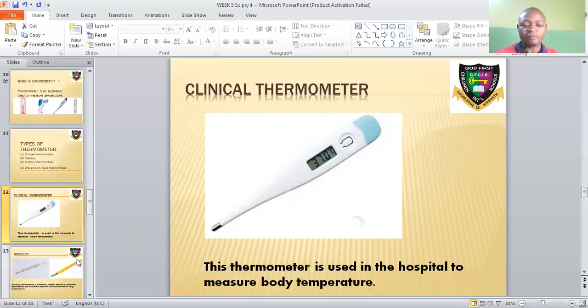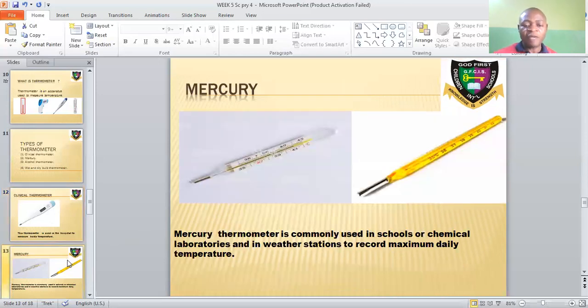The next one is mercury. Mercury thermometer is commonly used in schools, chemical laboratories, and weather stations to record the maximum daily temperature, that is, how hot the day is or how cold the day is.